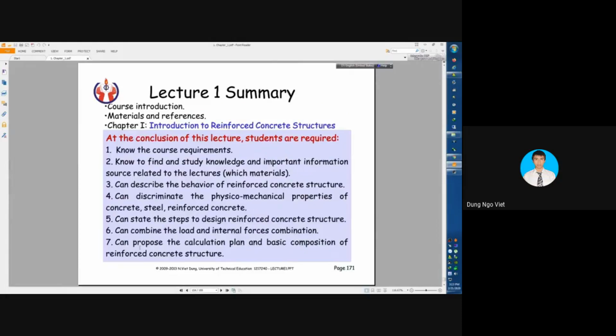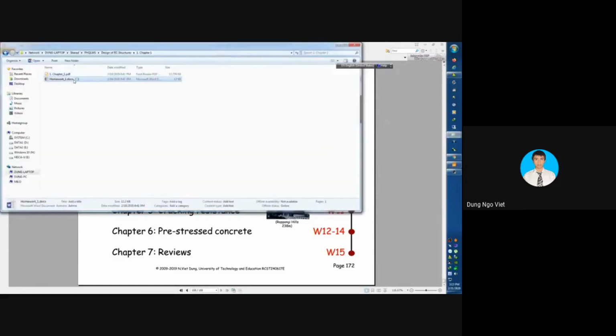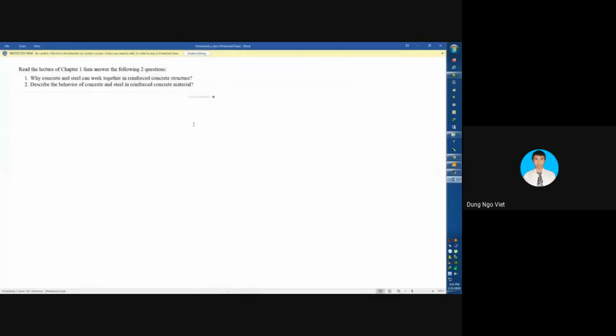So in the later chapter, you will learn the members in bending. And remember to do your homework number 1 and submit it online. In homework number 1, you will have 2 questions.